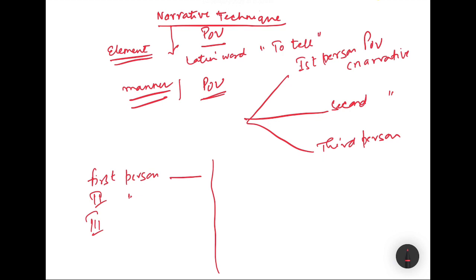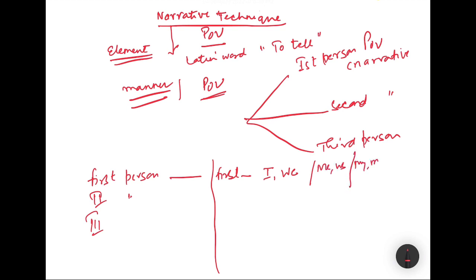So, you see, in the first person point of view, or in the first person narrative, the subjective I, we are dominant. Objective me and us are dominant.